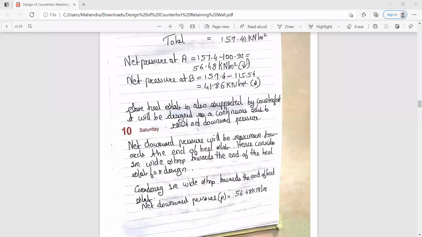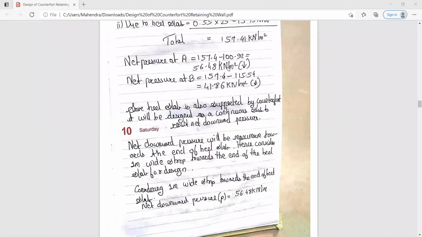Hence you need to consider 1 meter wide strip towards the end of the heel slab in order to resist the net downward pressure.